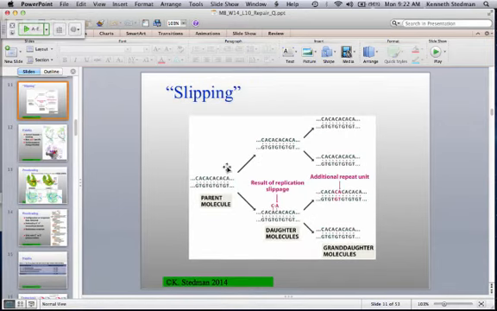Another thing that happens, and this is something we've just discovered much more recently, is that quite often DNA polymerases will do something they call slip. That's when you have nucleotides that are absolutely identical to each other, particularly repeating one after another. So in this case, GT, GT, GT, GT, GT.